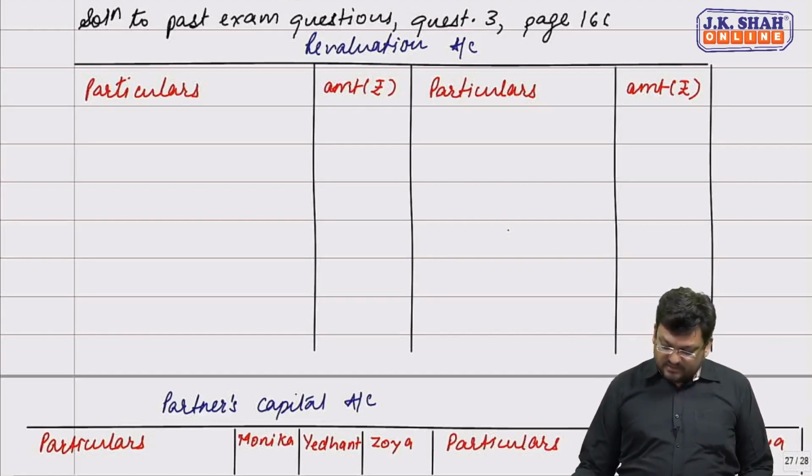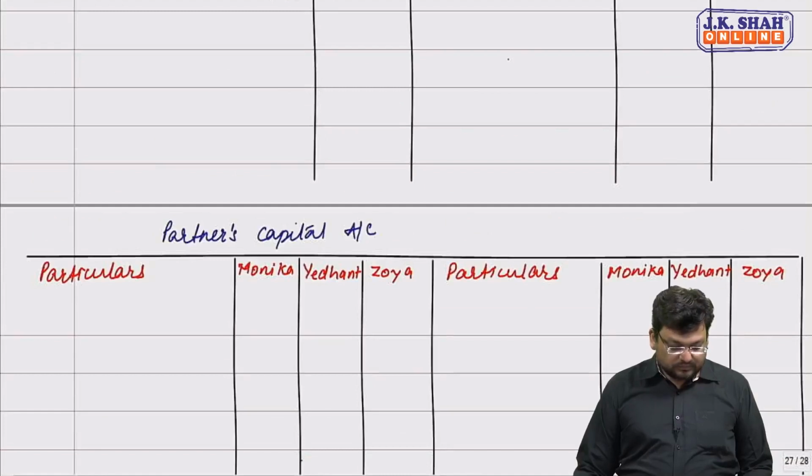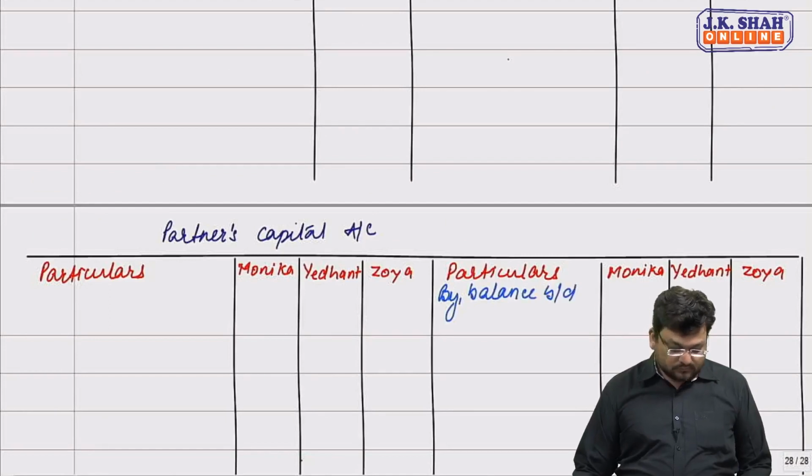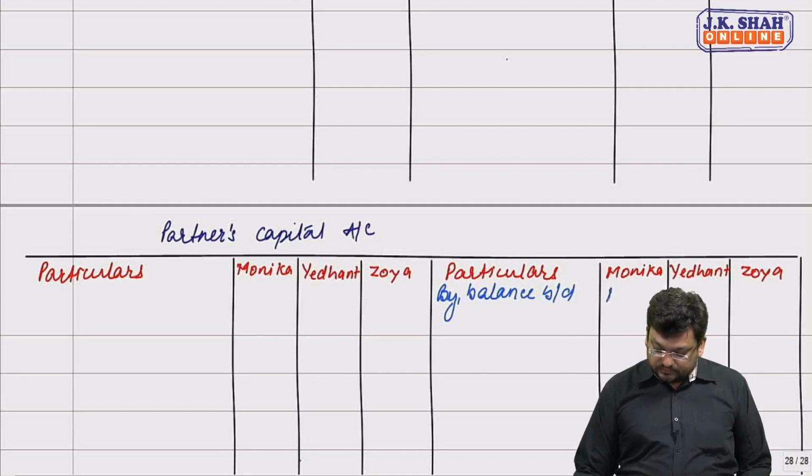So we'll start the sum with the balances which are given, friends. We are firstly given balance of capital. It is 1,75,000 and 75,000.